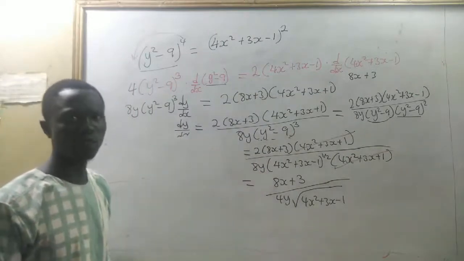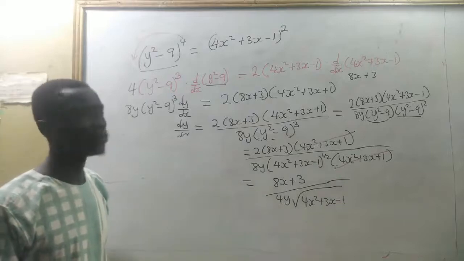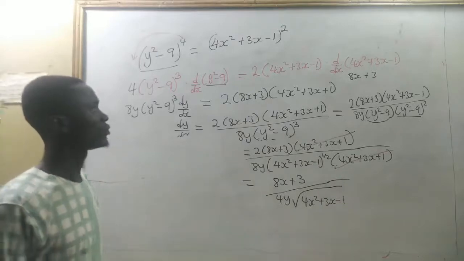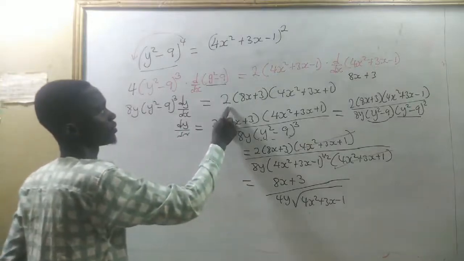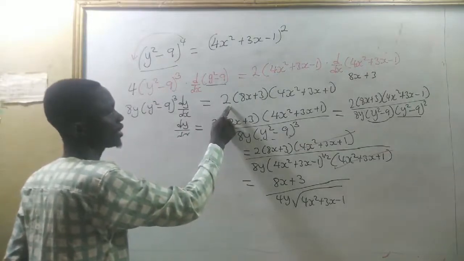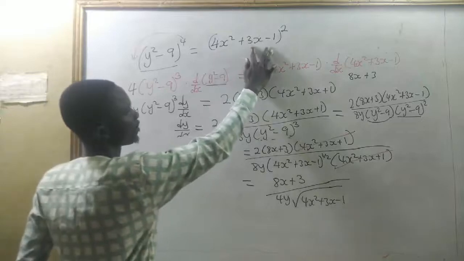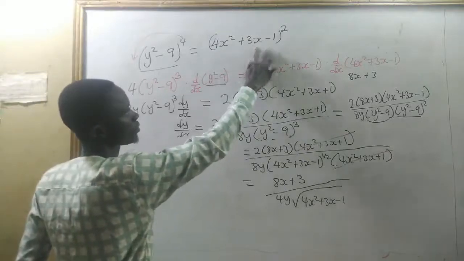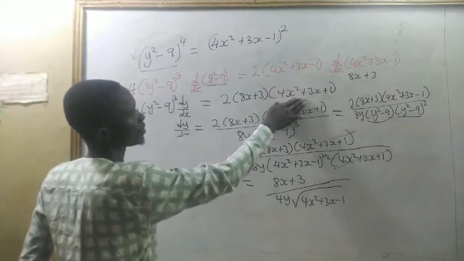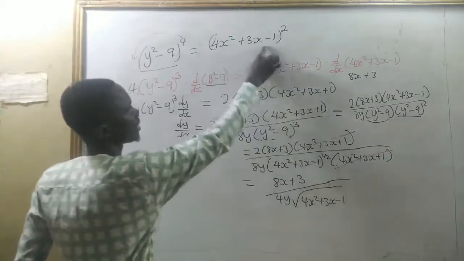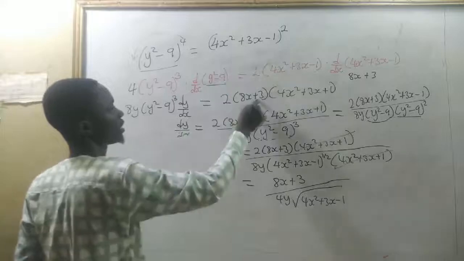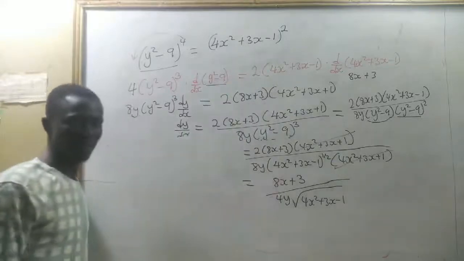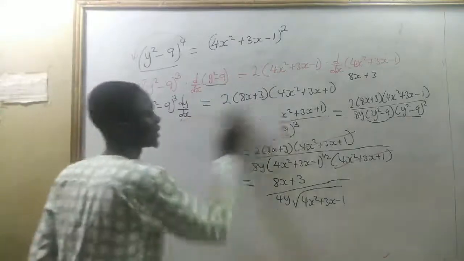Just go and watch the videos on how to use the chain rule for differentiation. Very simple. Here we said that we bring these two here and we got it here. Very simple. And then you write the original function down. And that is the original function. Then you differentiate the inner function. 2 times 4, 8. Then here you get 3. Then you move with it. So do well to get these things fast.